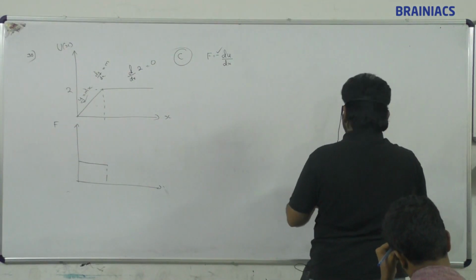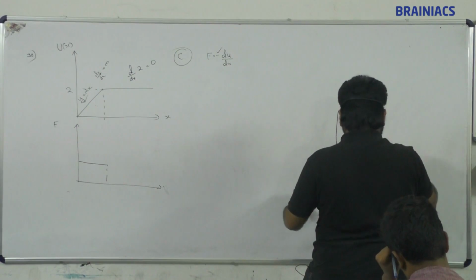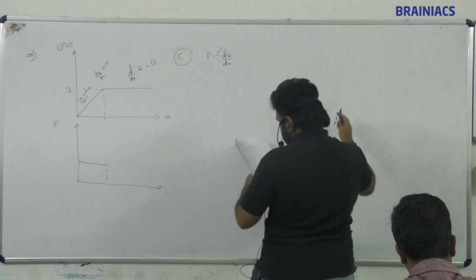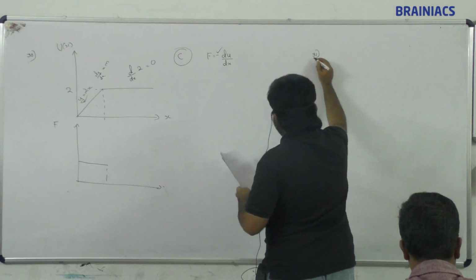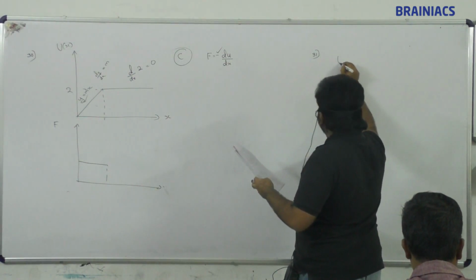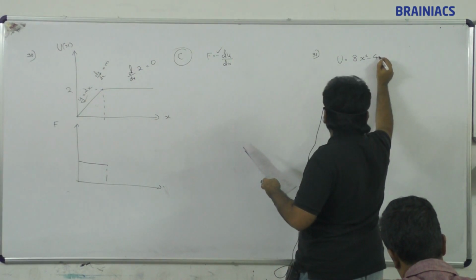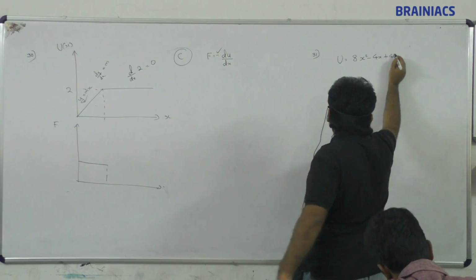Its state of equilibrium is for what x? That is the question. Okay, its state of equilibrium. So question number 31. The equation of potential energy is given as 8x square minus 4x plus 400.